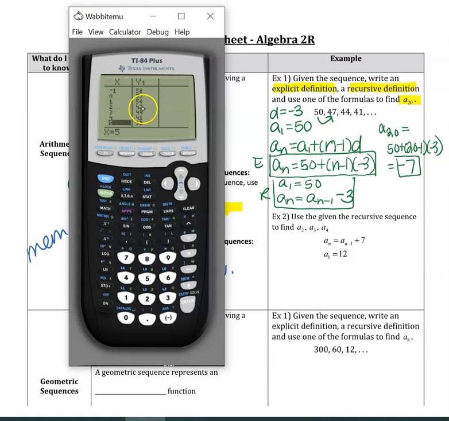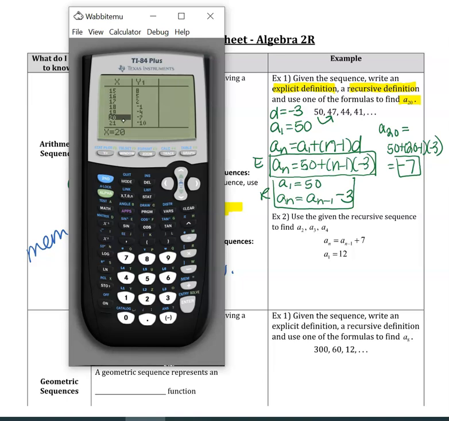The second term is 47, and so on and so forth. So that means my equation that I came up with is correct. And then I can actually double check my math here to see if a sub 20 is -7. And it is, so I did my math correctly. -7 would be the 20th term of that sequence.